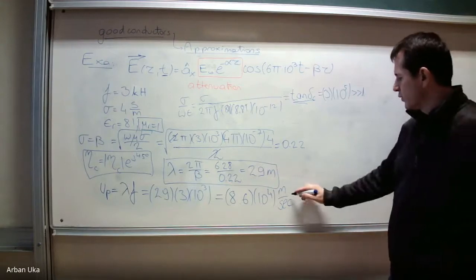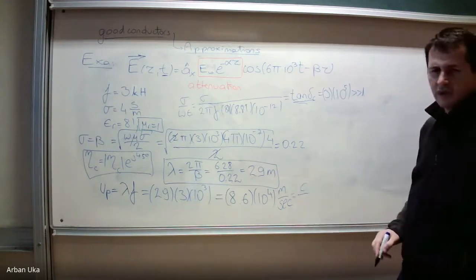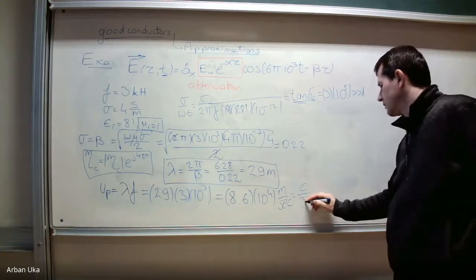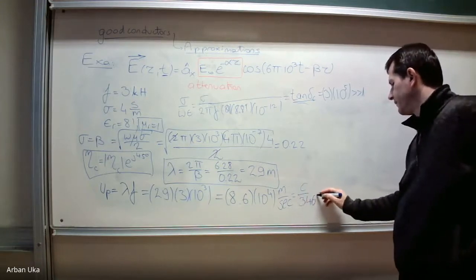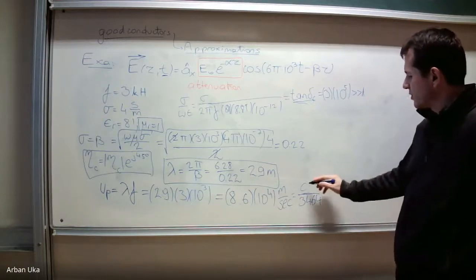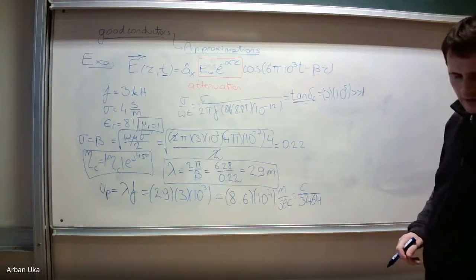And when we compare this with the speed of light, it's c divided by something. So we lose something like 3 orders from the speed of light, where this is 3 times 10 to the power 8.